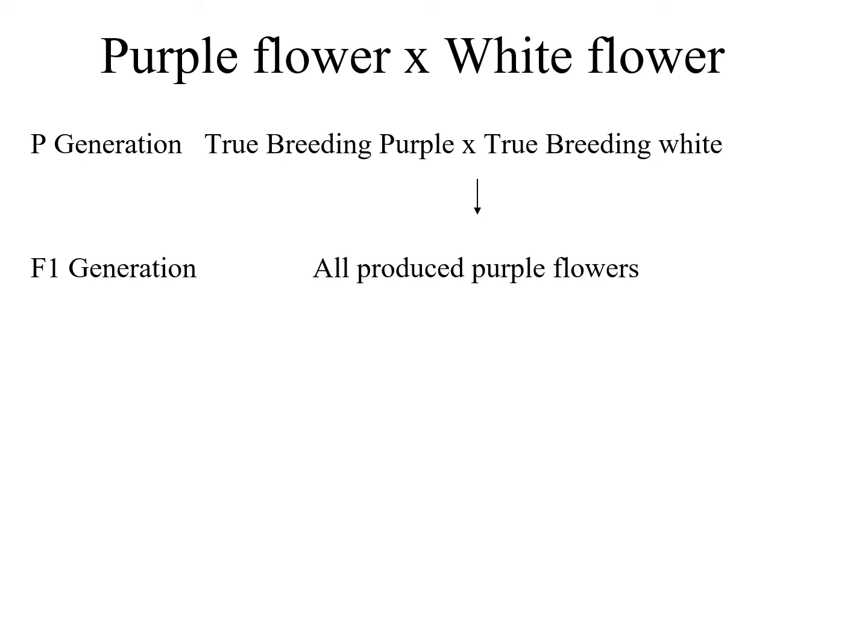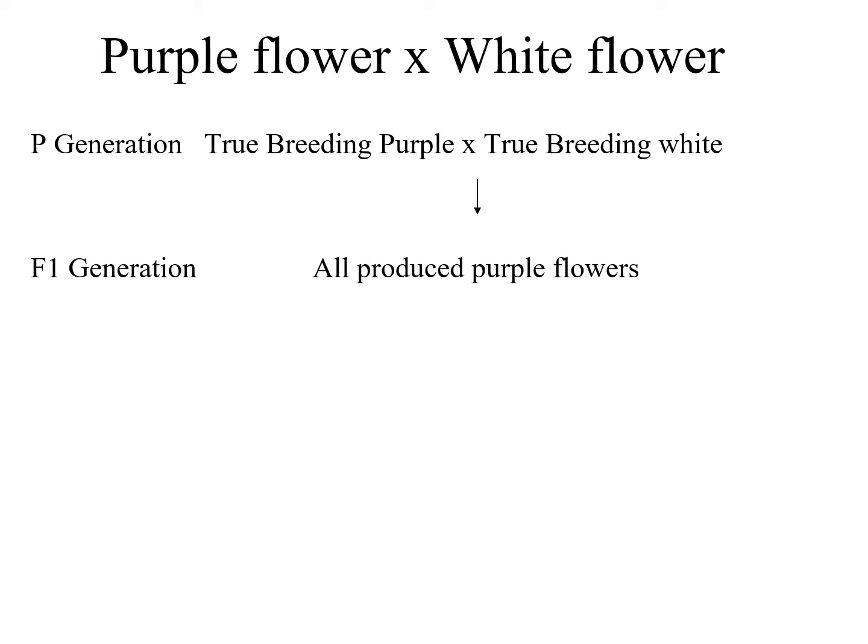When the F1 seeds were planted, they all grew into purple flowering plants. So this established an important but often misunderstood Mendelian concept called dominance, that the purple trait is dominant to the white trait.